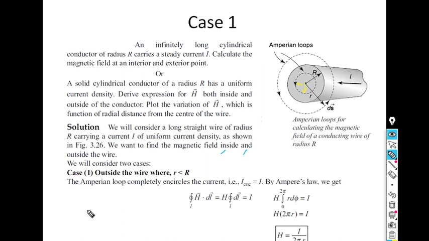Now if I apply the same way, the closed line integral of H dot dl is equal to I enclosed. Now H dot dl is equal to r d phi.